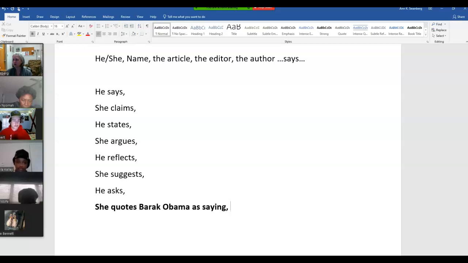She quotes Barack Obama as saying blank, right? But you have to say who they're quoting. You can't just say he quotes because you're the one doing the quoting, right? They're doing the saying, you're doing the quoting most of the time. If they're quoting somebody else, then you have to not only say they quote them, but say who they're quoting.